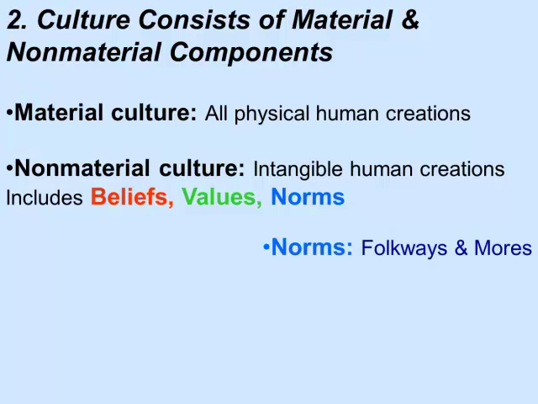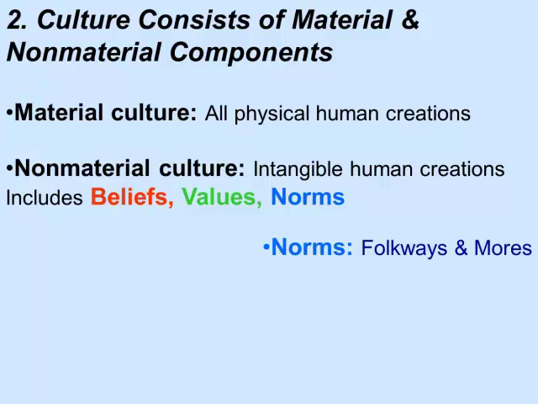Those are all examples of material culture. Non-material culture means intangible human creations such as beliefs, values, and norms. We can't see them, but we know they exist. For example, we believe in democracy, we value independence, and norms of our society tell us to help other people.